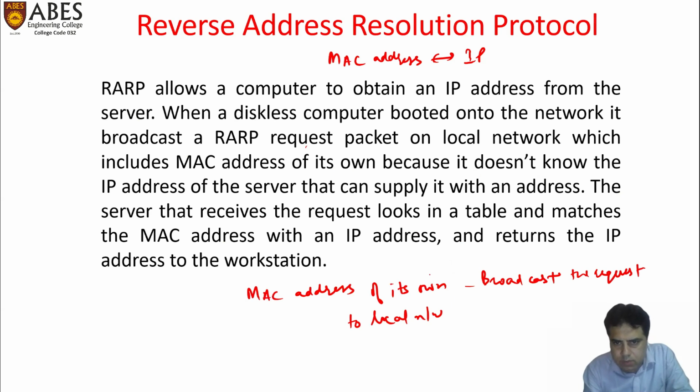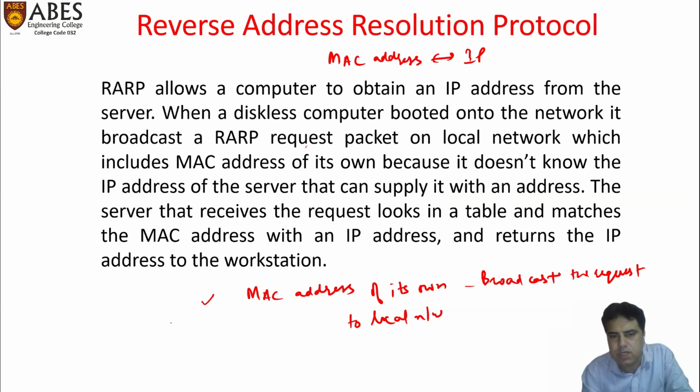Now, the server can receive this request packet. The server knows the IP address of the client, so the server can respond and supply it with an IP address. The server that receives the request looks into a table, matches the MAC address with the corresponding IP address, and returns the IP address to the workstation.